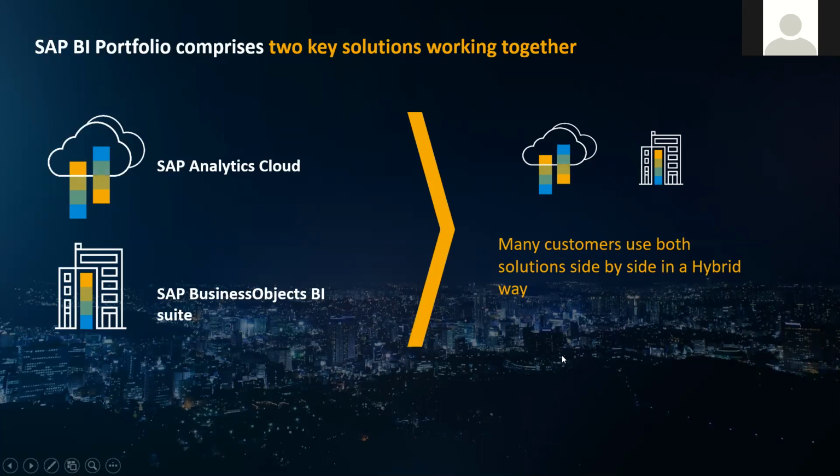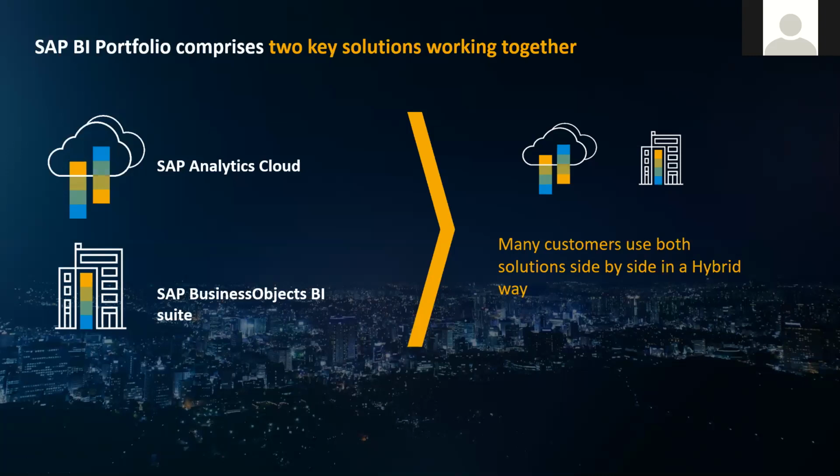Okay. So as I was mentioning that we are trying to drive cloud adoption, but we do know that there's a lot of customers who've made a lot of investment in on-premise BI. And this results in a situation where we see what we call a hybrid situation. So this is customers running the SAP Analytics Cloud and the Business Objects BI Suite side by side.